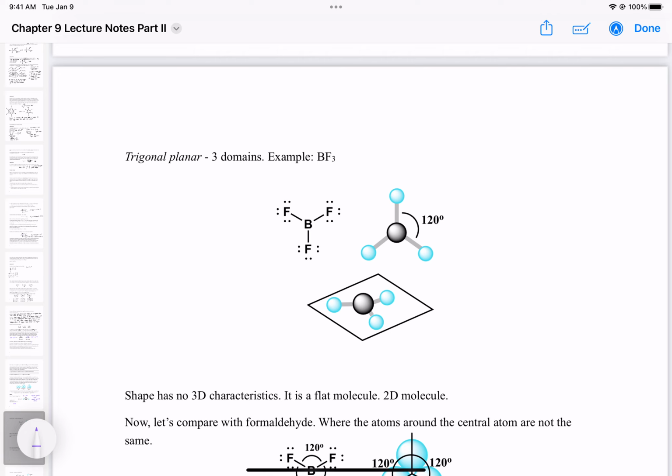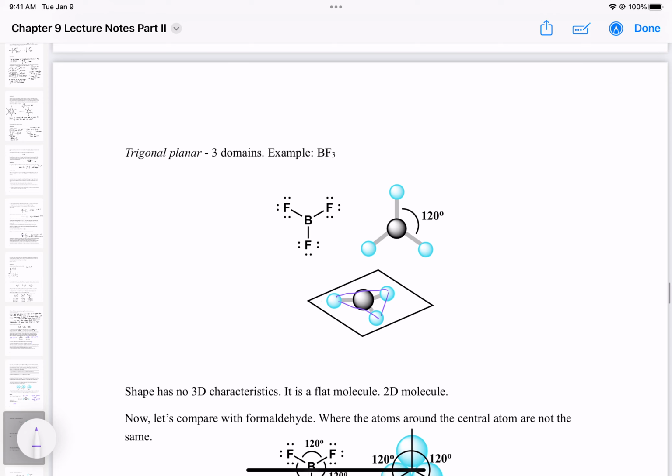So if you drew the edges here, you see it represents a triangle right here if you connect all the dots. So it has no 3D character, so we usually don't write bonds with 3D representation here. It's a flat molecule, so we call it a 2-dimensional molecule. Only has the x and y axis, or x and y coordinates. Okay.